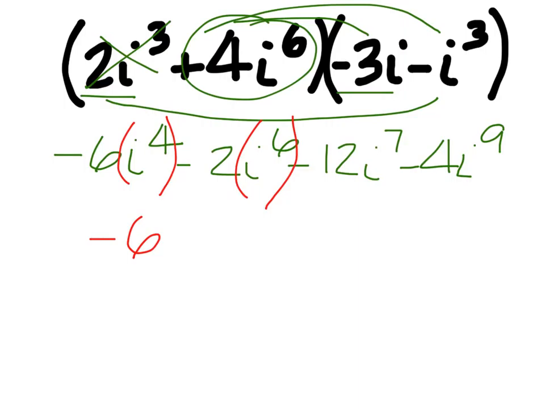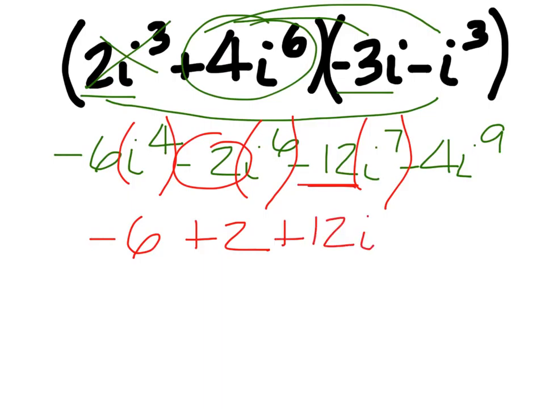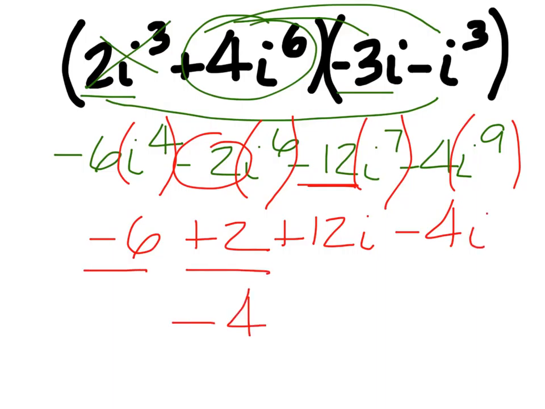This is negative 1, and times a negative 2 is plus 2. i to the 7th is going to be a negative i. So you have negative i times negative 12, which is plus 12i. And then i to the ninth is i, so it's minus 4i. Negative 6 plus 2 is negative 4, and 12i minus 4i is 8i.